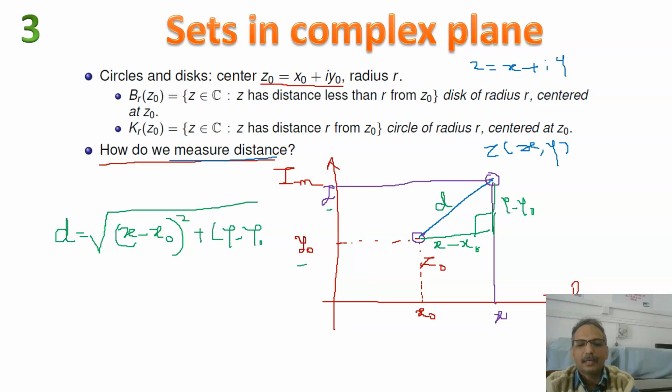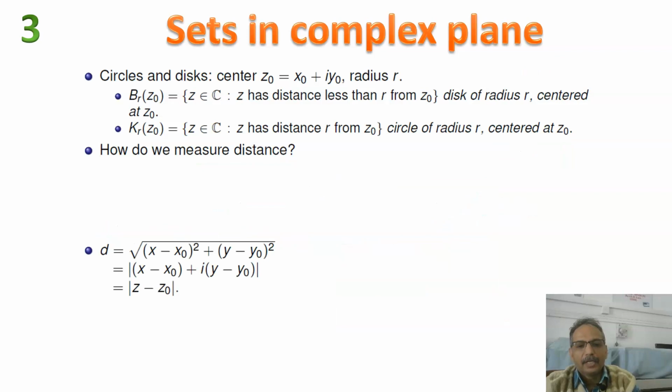So this is the Pythagoras theorem we are exploring at this point, and we can find the distance between 2 points. This can be written as the modulus of (x minus x0) plus i times (y minus y0). So this is mod of z minus z0. So the point is that mod of z minus z0 represents the distance between 2 points.